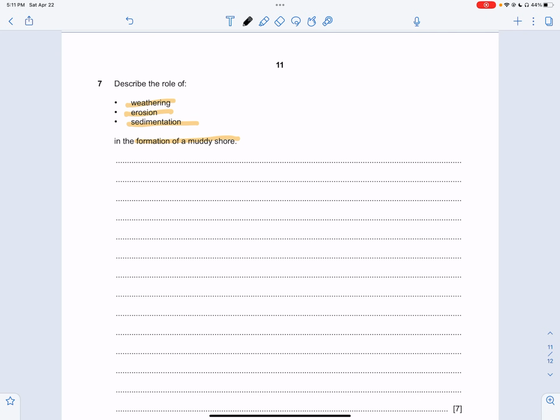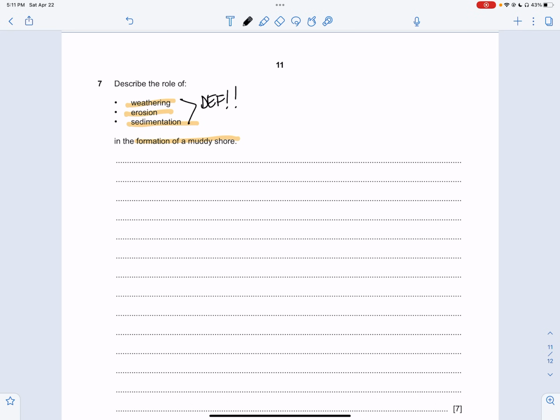And so with weathering, things we want to consider, giving a definition of these things. When in doubt, give a definition. When we're talking about shoreline formation, sometimes this question will say, how does erosion and sedimentation give rise to, which means the same thing. Like, how does it form?